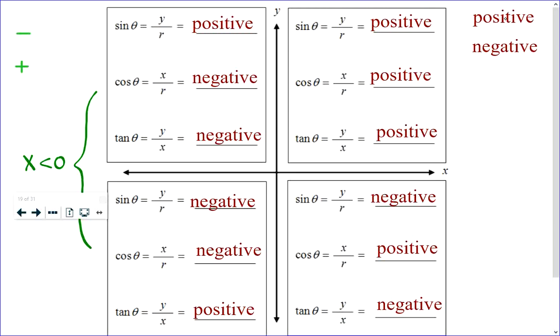So positive over negative or negative over positive will give you a negative. So the goal here, everybody, is that if I told you cosine is negative, you know immediately it's these two quadrants, 2 and 3. If I told you that tangent is positive, it's quadrant 1 and 3. You need to be able to grab that information relatively quickly.